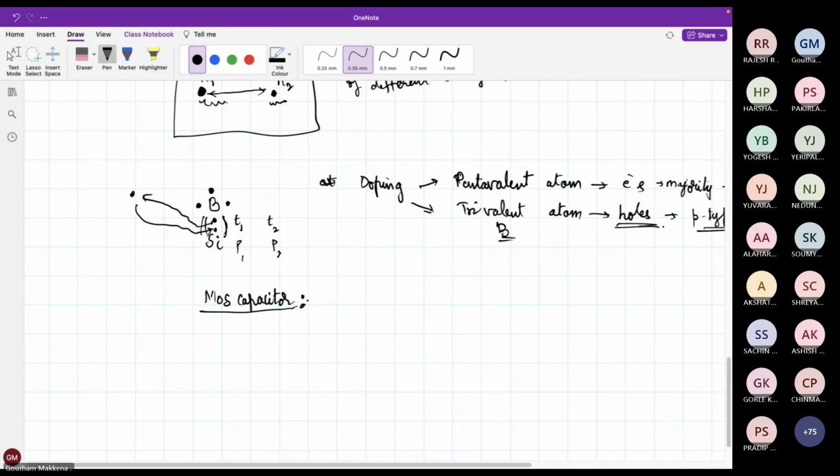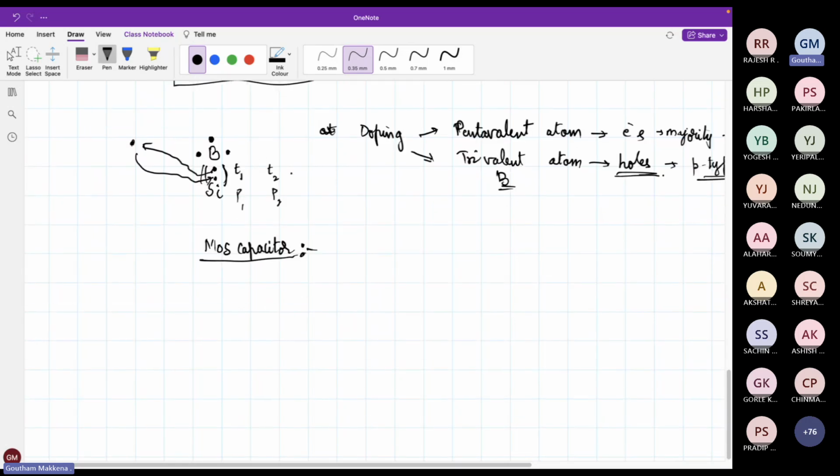Okay, so why silicon? I'll give more reasons why silicon is taken over here when we discuss the MOS capacitor. So suppose I take three layers, one a metal, and one an oxide.